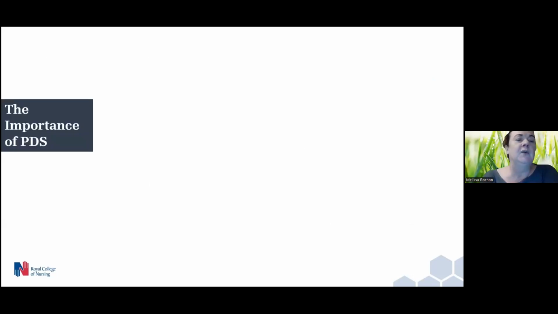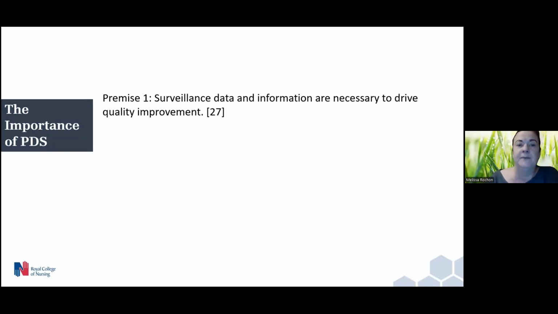But I'm going to use that idea of digital images to talk a little bit about the growing importance of post-discharge surveillance.